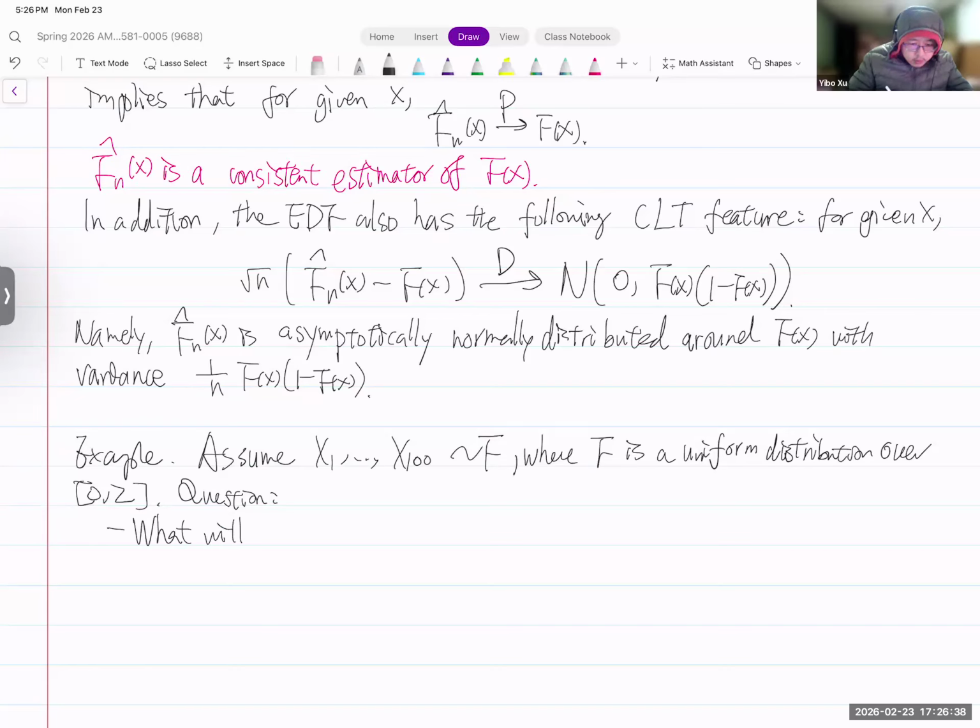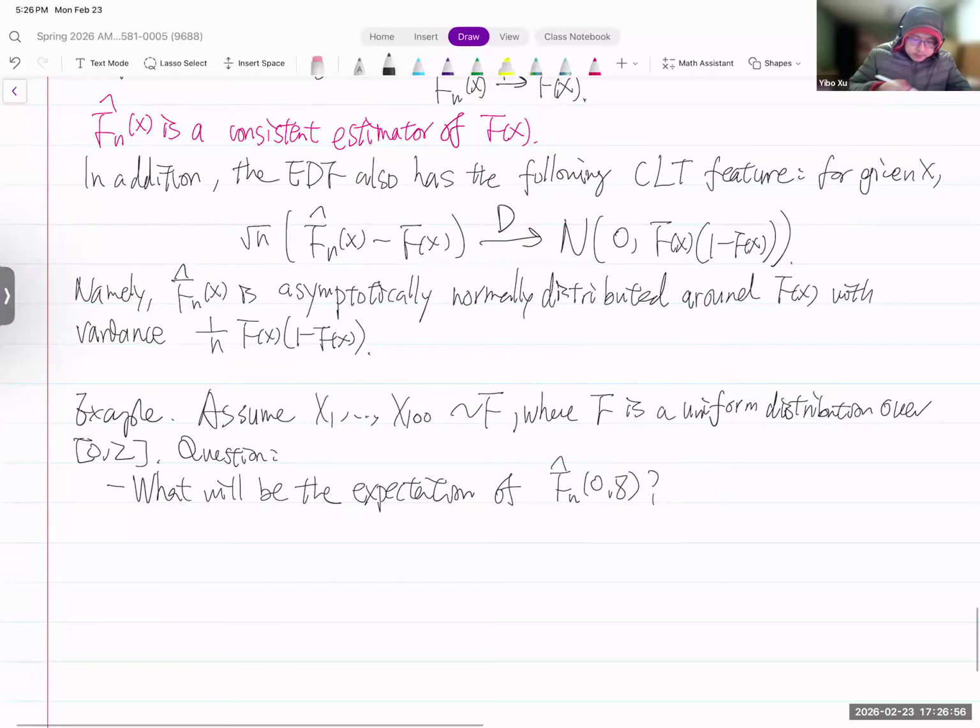What will be the expectation of the EDF at 0.8? Let's just do the calculation. Remember, just think about the properties of this EDF.